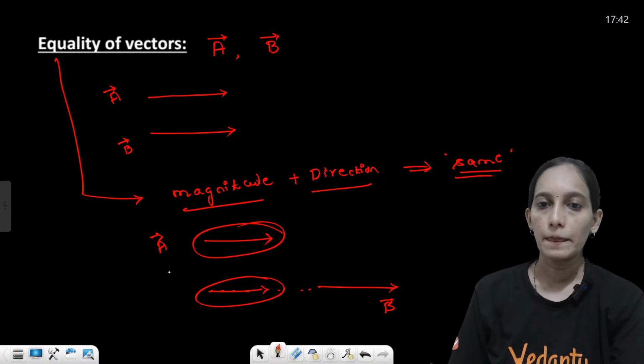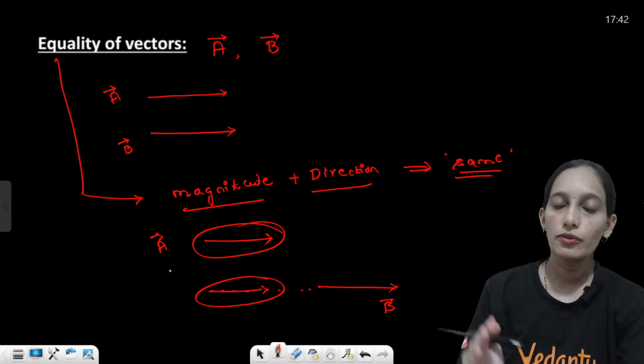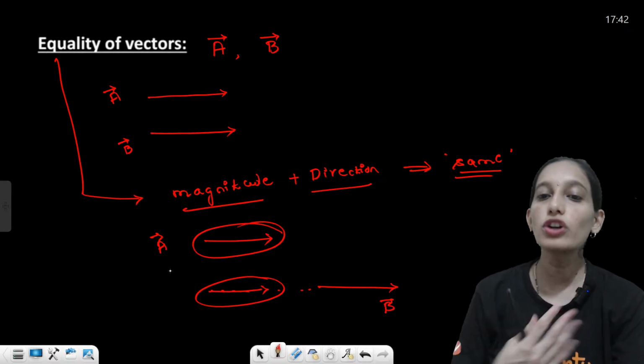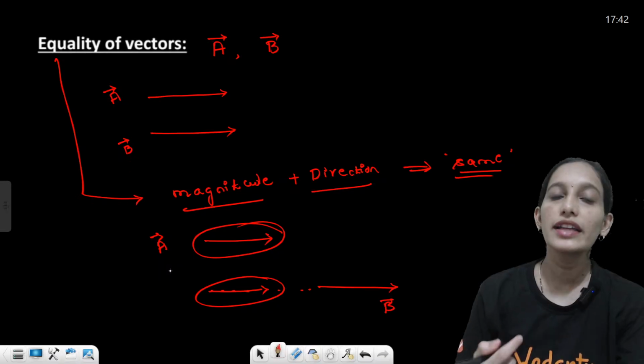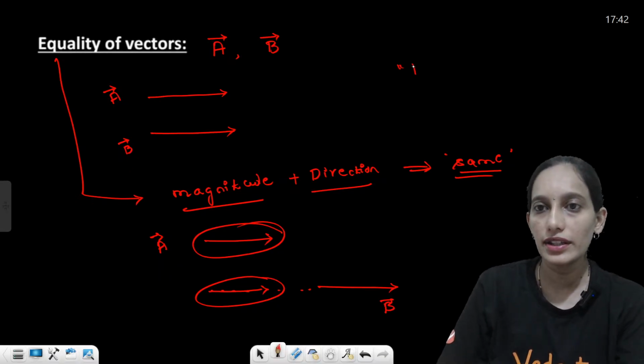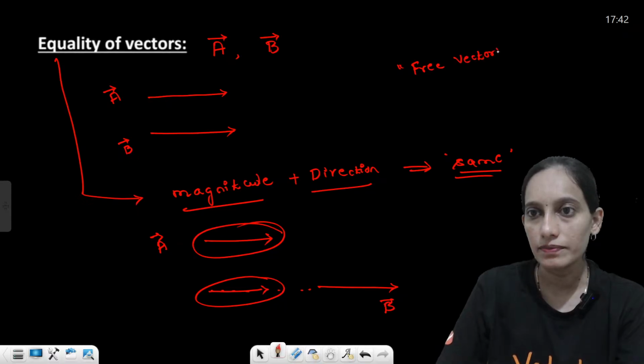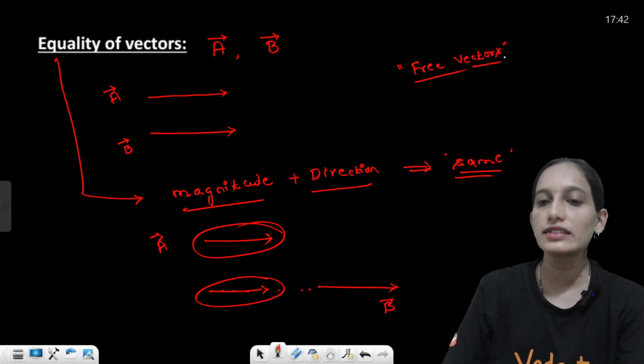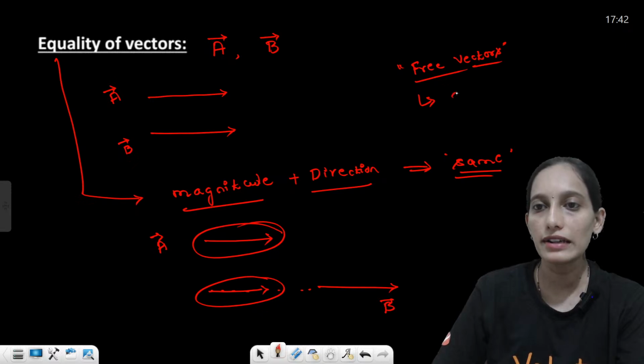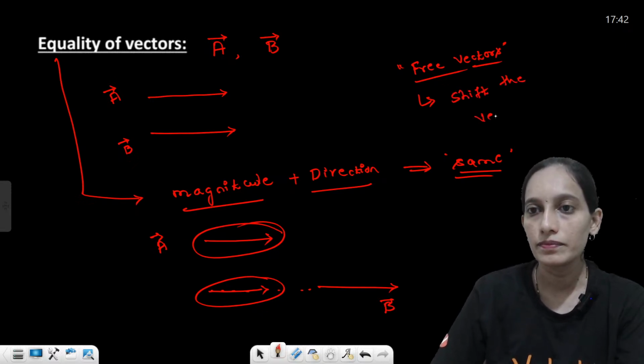Most of the vectors we use are all free vectors. What does free vector mean? We can shift the vectors parallelly.